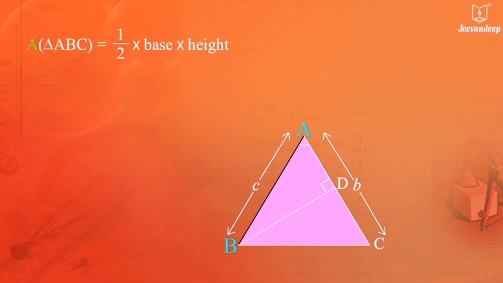Area of triangle ABC equals half base multiplied by height.